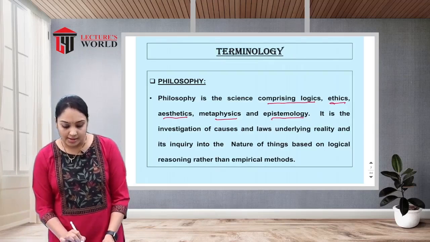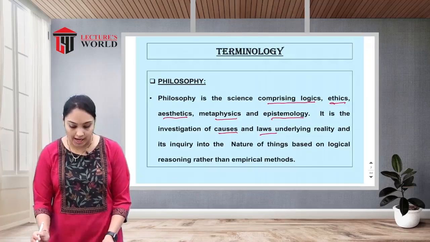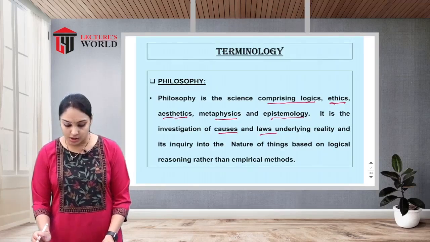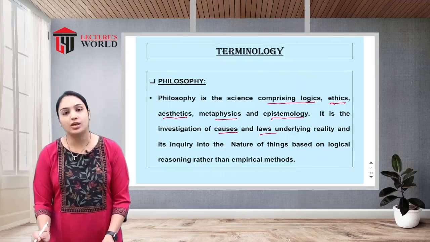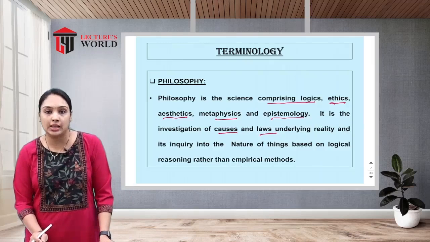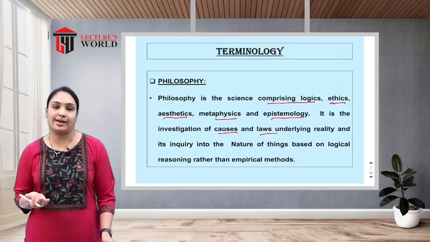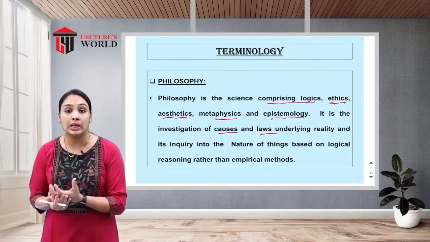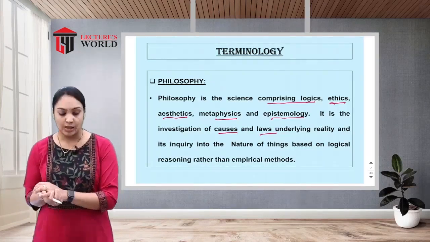It is the investigation of causes and laws underlying reality, and an inquiry into the nature of things based on logical reasoning rather than empirical methods. So philosophy is one type of science that includes rules, regulations, logic, ethics, aesthetics, behavior, opinions and theory of knowledge, all put together.